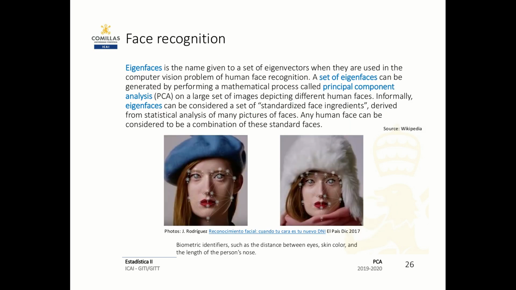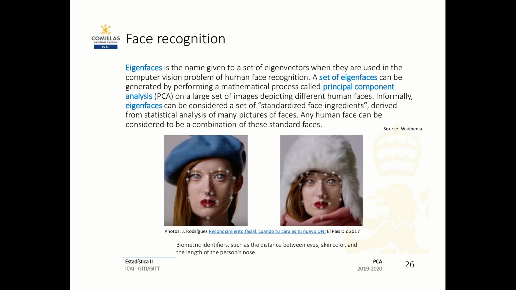And PCA finds a lot of uses, and this is a relatively interesting example in which we measure a lot of variables regarding the distances between key points in your face, and we keep distances, angles, and then with all this set of variables we construct a PCA, and from this PCA your face typically is uniquely determined in that PCA space.